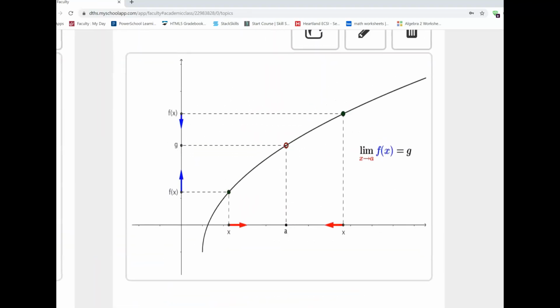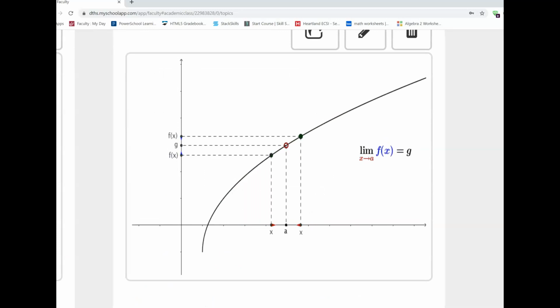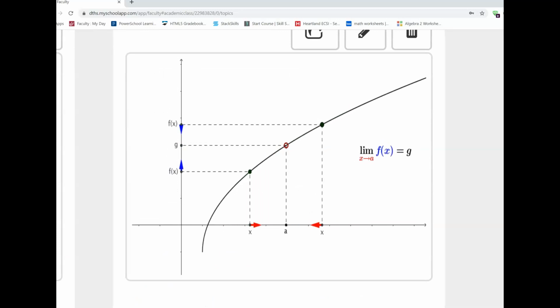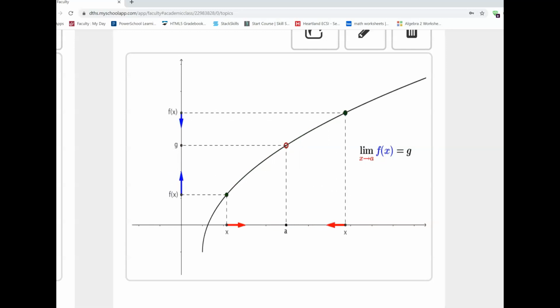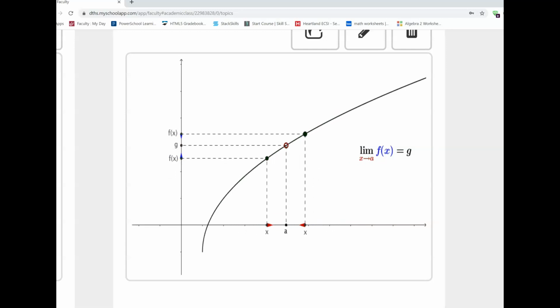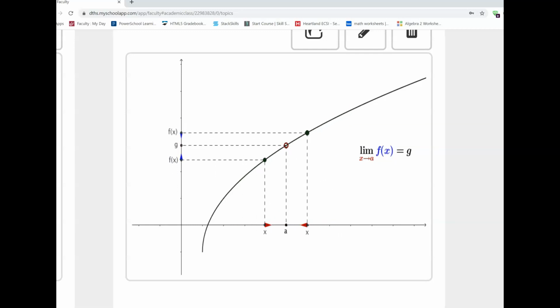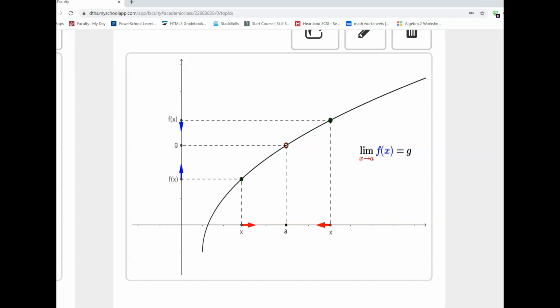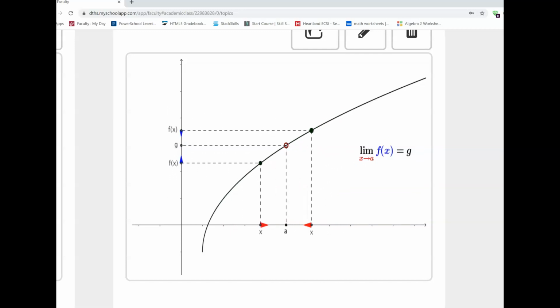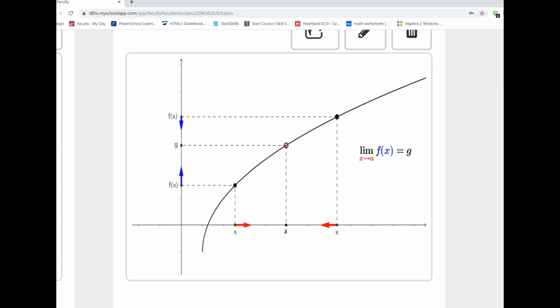Magic. Oh my gosh, look at that. Yeah, whatever. Hush, hush, hush. Come on. Okay. So, what I'm going to do on the board. That's so satisfying.